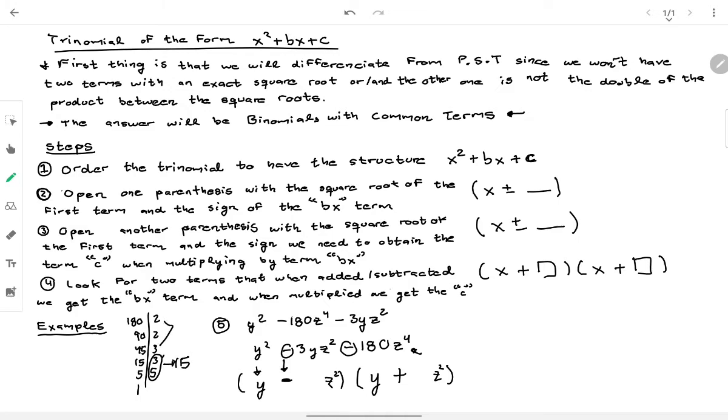And if we multiply this 3 times 2 times 2, it's 12. So if I multiply a -15 by a +12, the multiplication will be -180, and the addition, or in this case subtraction, will be -3. And this is going to be our actual answer for this specific exercise.